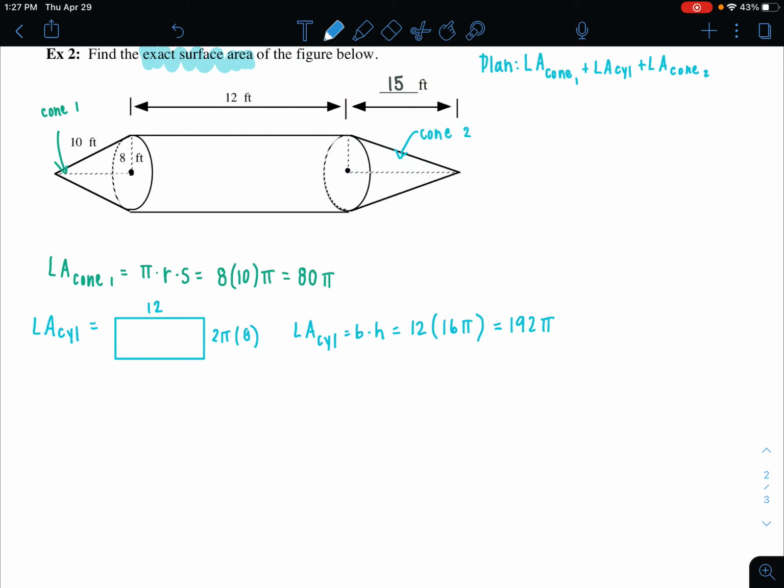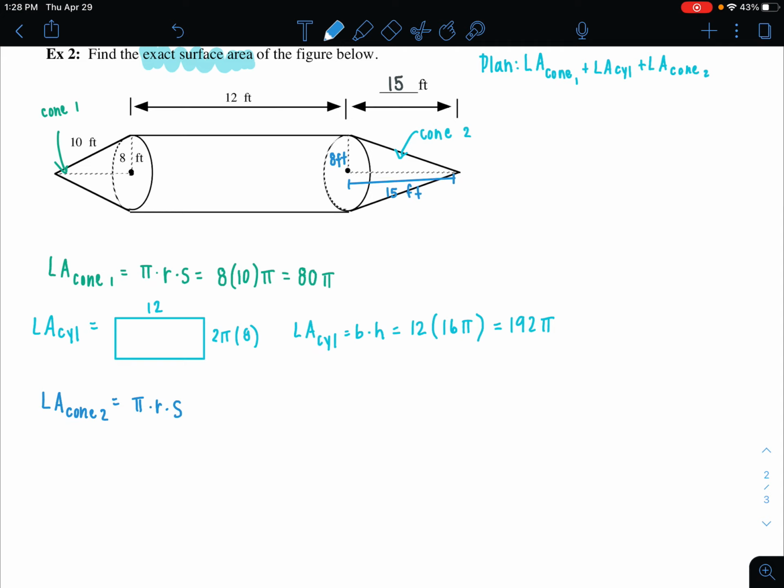Next, we have to find the lateral area of cone 2, which is pi times radius times slant height. Well, we weren't given our slant height here, but we know that the radius stays the same, so 8 feet. We know that from here to here it's 15.